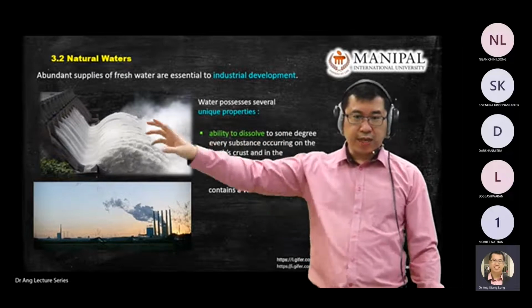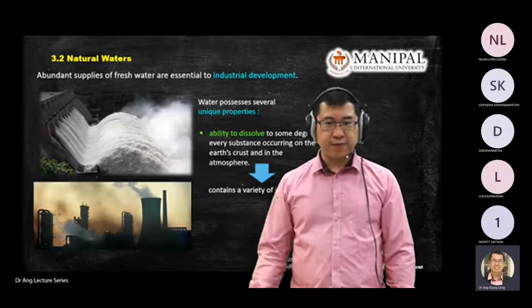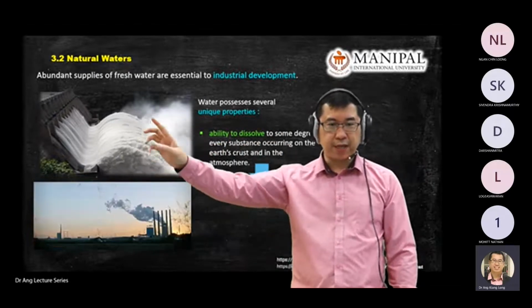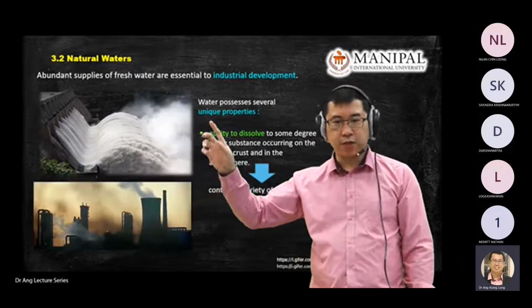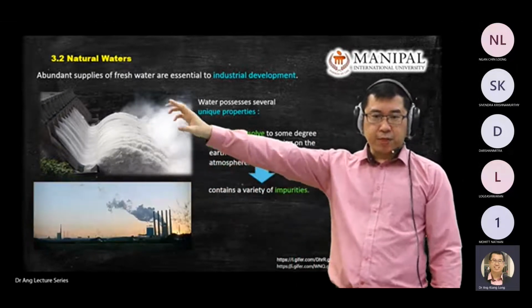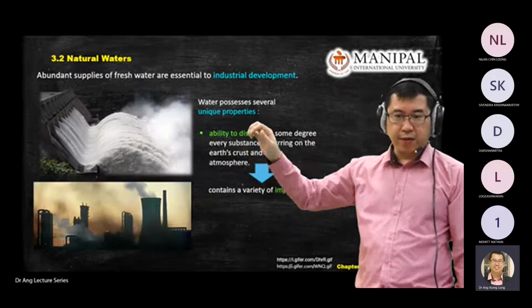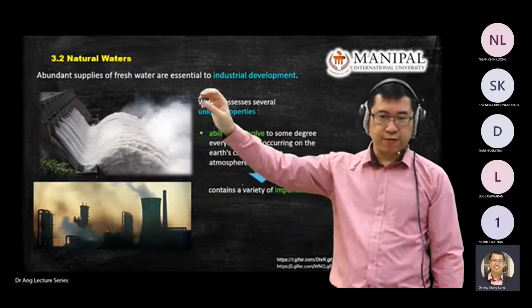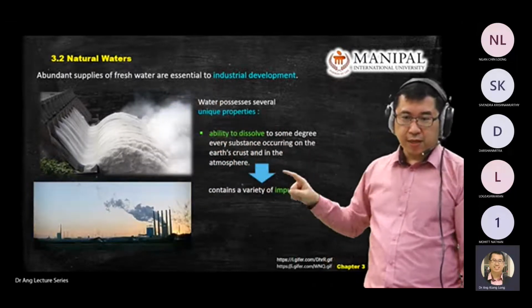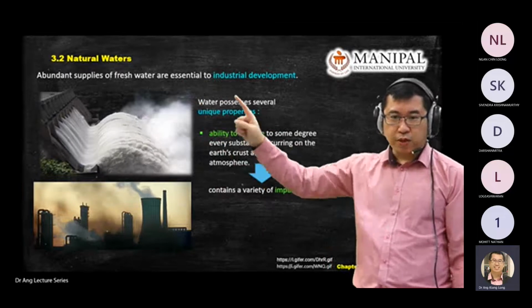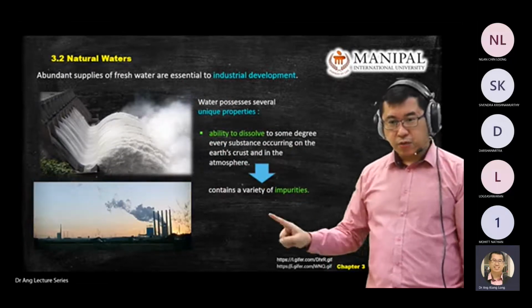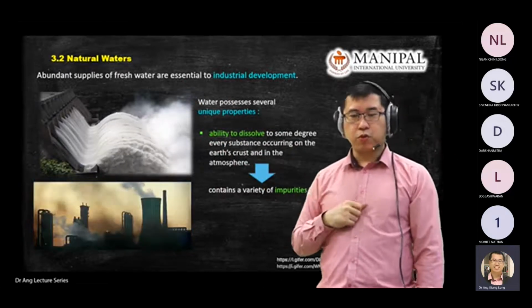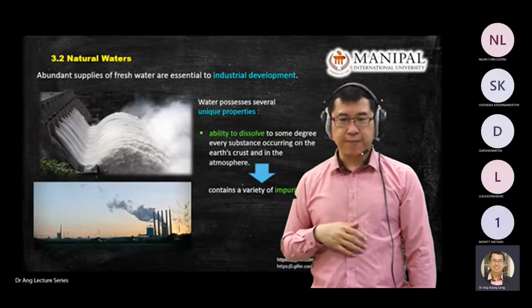When you capture water from nature, especially from something like a dam, you release the water, and it will capture some pollutants from the air because it is able to dissolve and capture elements. So in the water, you have impurities. These impurities will contribute to the corrosion, right?